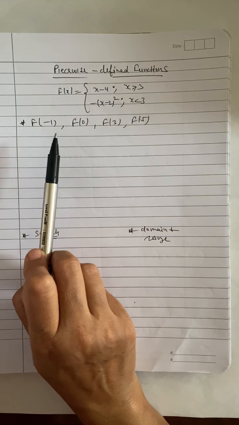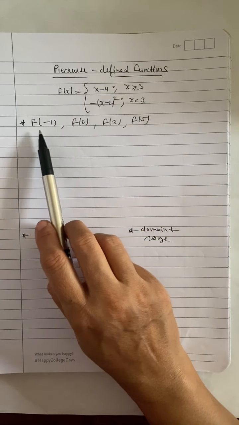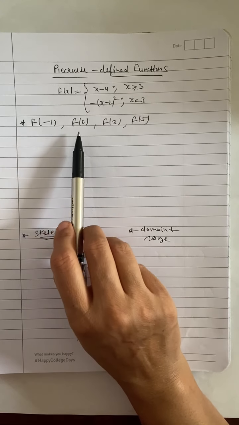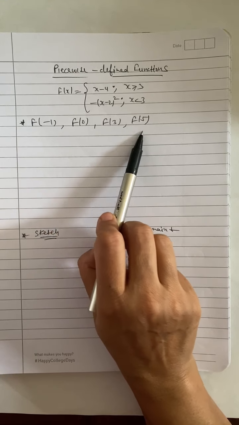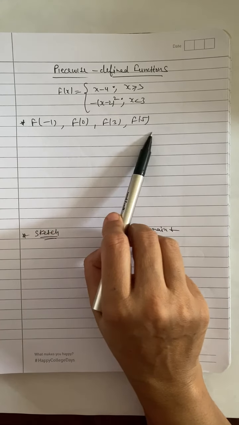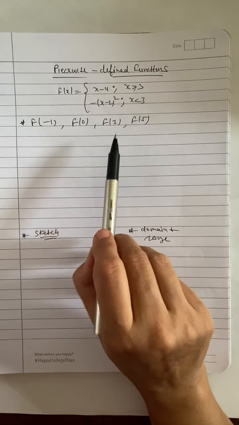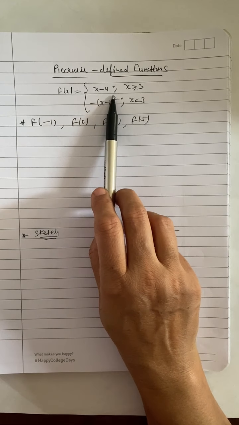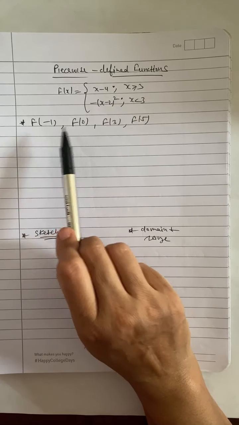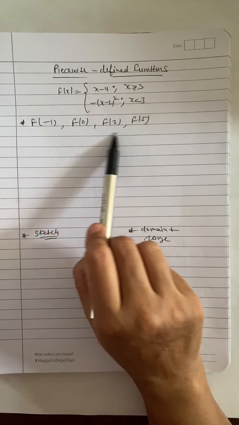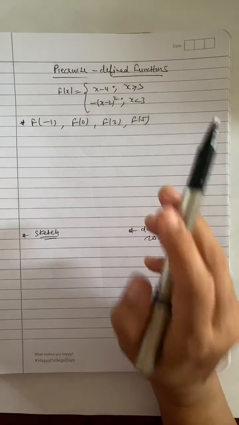The question is to find the value of f of negative 1 first, then f of 0, f of 3, and f of 5. When you are answering these, you need to choose the correct piece for the values for which you have to find f of x.